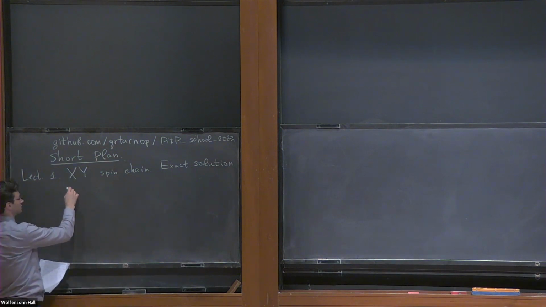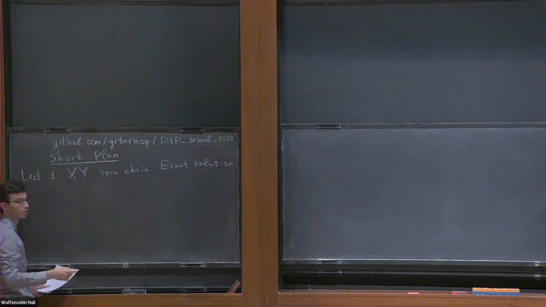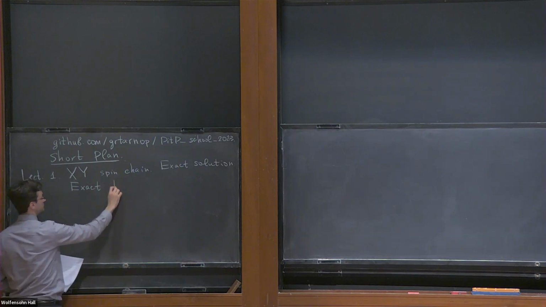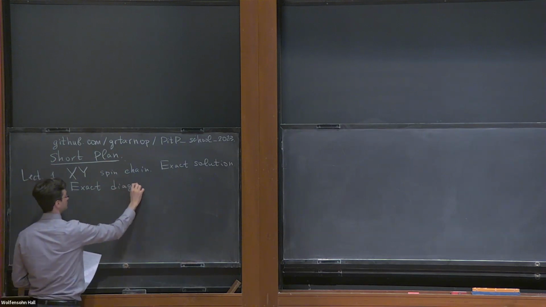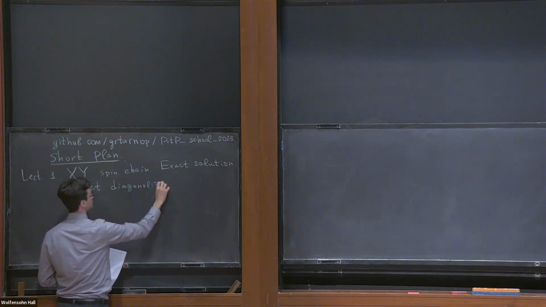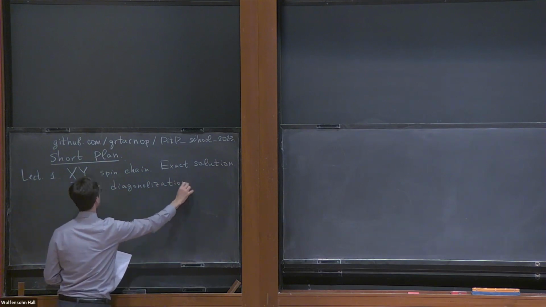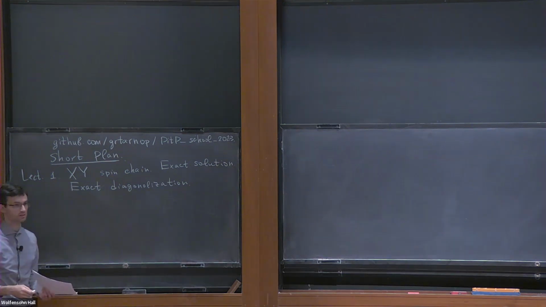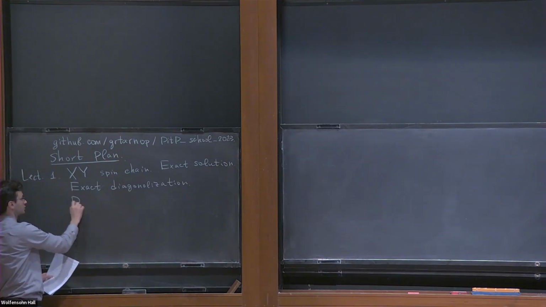Then I'll briefly discuss how to use what we call exact diagonalization for this model. And finally, I'm going to discuss the method which is called density matrix renormalization group.